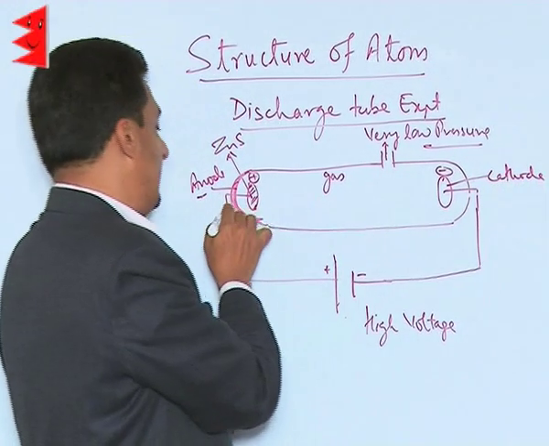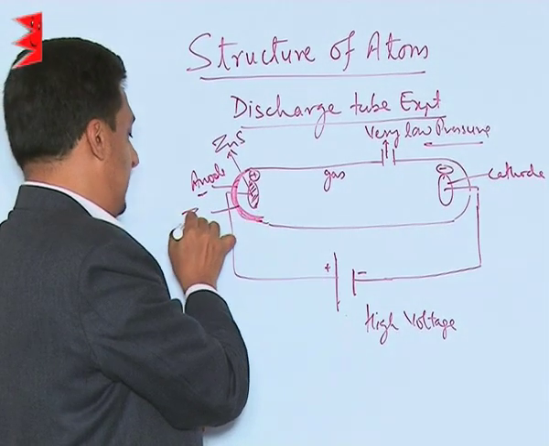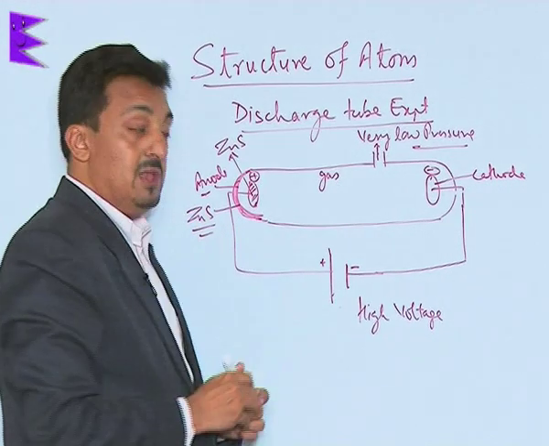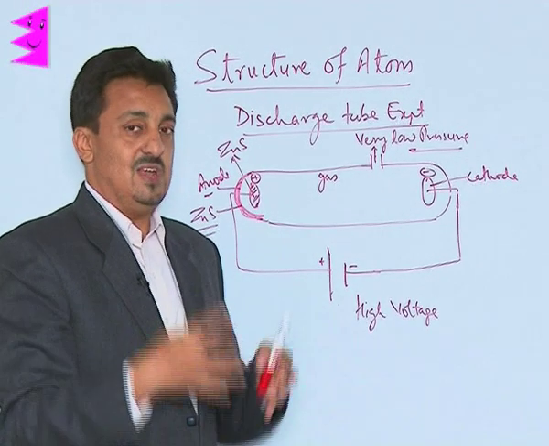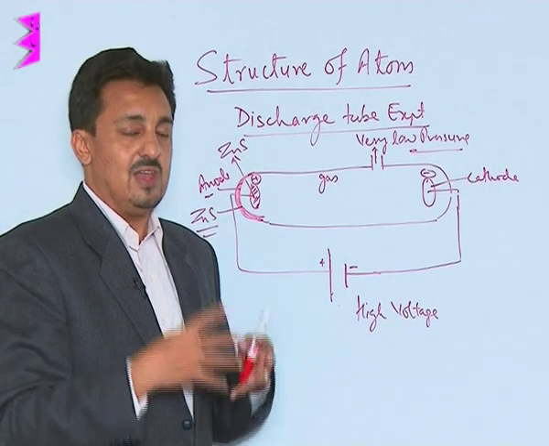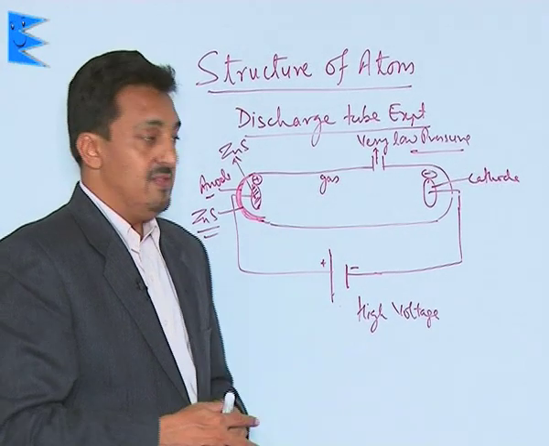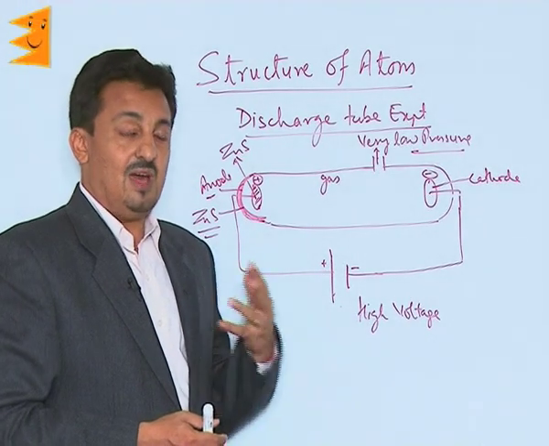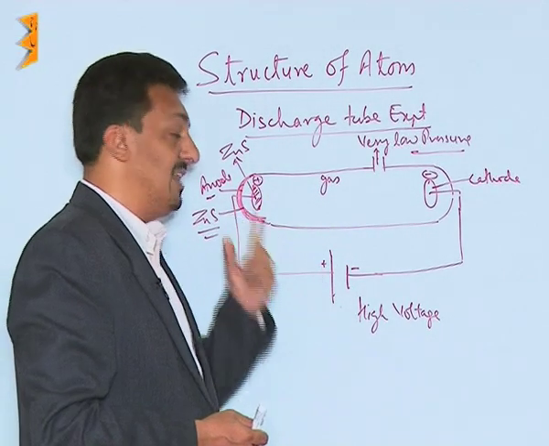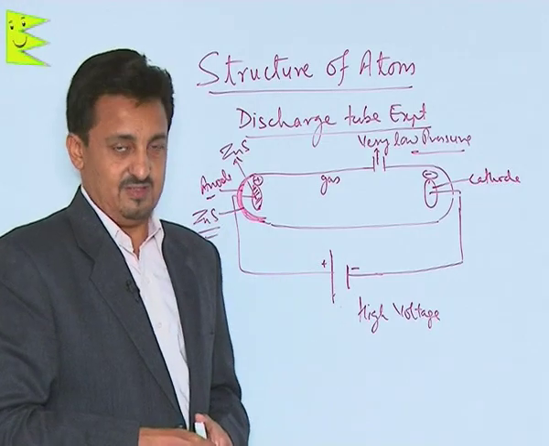So when we coated this anode with zinc sulfide, what we noticed is when this gas in the discharge tube is subjected to a very high voltage and under a very low pressure, this side starts glowing. Now the rays which are coming and which are making this side glow are called cathode rays.